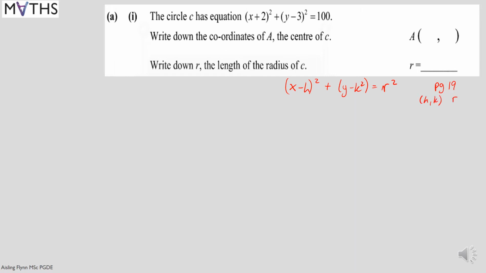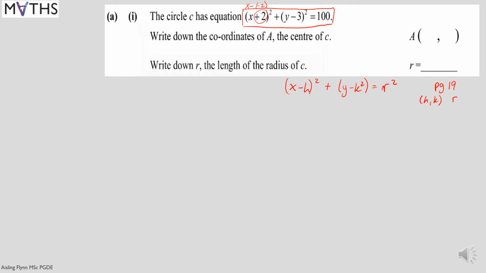By direct comparison to the equation given, what takes the place of h and of k? In the place of h we see a 2, but the minus in the formula has changed to a plus. What must have resulted in that is x minus -2, which gives the plus.